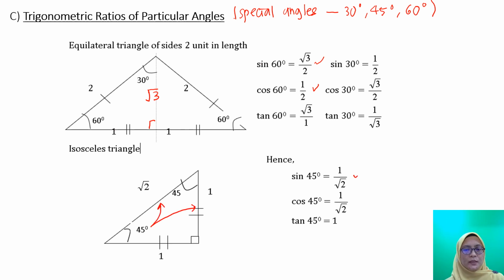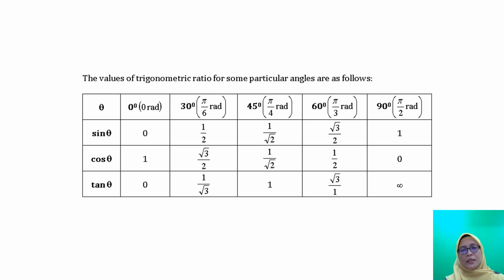So 1 over root 2. So dia sama, sin 45 dengan cos 45 nilai dia sama. So tangent 45 is equal to 1. Okay, so ini kalau kita form dia dalam bentuk table, so sama juga nilai dia, tak perlu nak hafal.